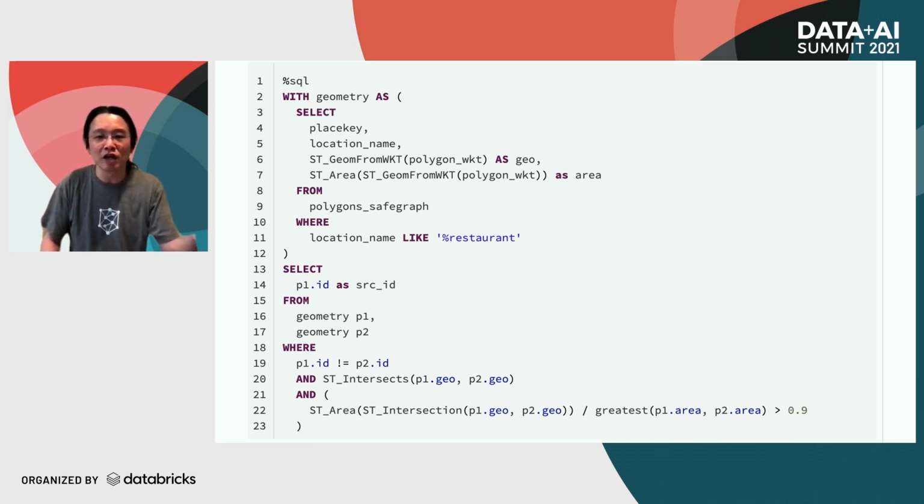And then lastly, we take the data set and join it using the ID, and then compute and detect whether there is any intersection between the two data sets. And lastly, we use that information to compute the ratio of the overlapping area. And that's the result we're looking for in this kind of analysis.